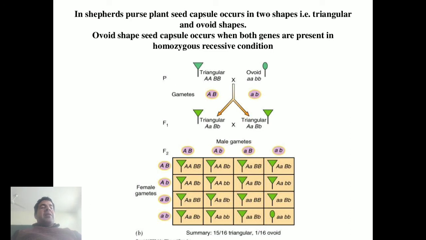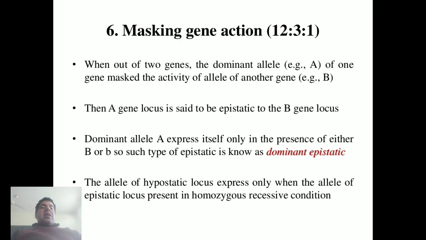This is the duplicate gene interaction. Next, masking gene effect. When, out of two genes, the dominant allele, for example A of one gene, masks the activity of the alleles of another gene B, it means there is masking, means one gene is epistatic and the other is hypostatic.